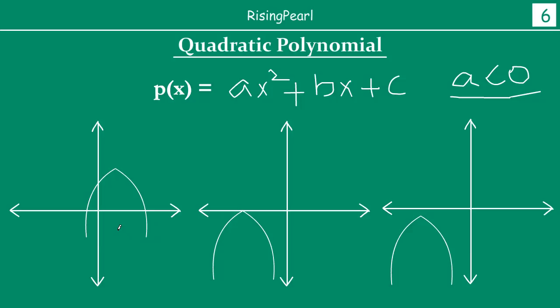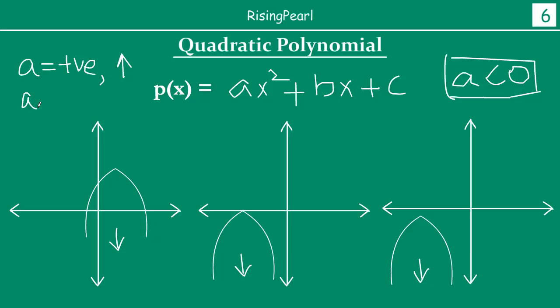Simply put, the parabola is facing downwards. In each of these cases, the parabola is facing downwards. So if a is positive, the parabola faces upwards. If a is negative, the parabola is facing downwards.